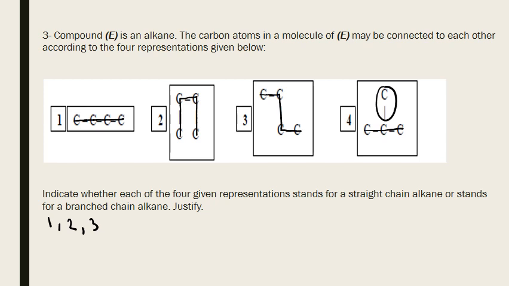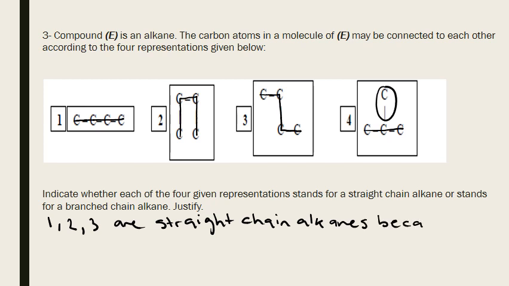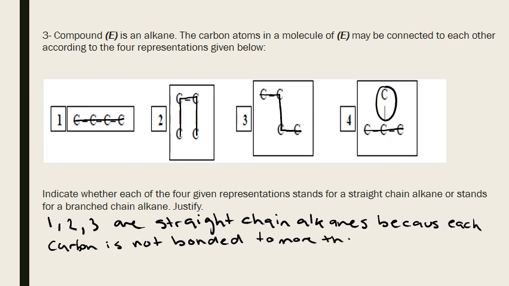So 1, 2 and 3 are straight chain alkanes because each carbon is not bonded to more than 2 carbon atoms.